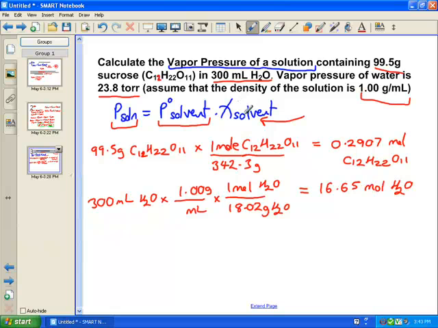So we have our two numbers of moles, and now we're going to calculate the mole fraction. We know that mole fraction is the moles of whatever you're looking for divided by the moles of everything. In this case, moles of solvent on top, moles of solvent plus solute on the bottom.